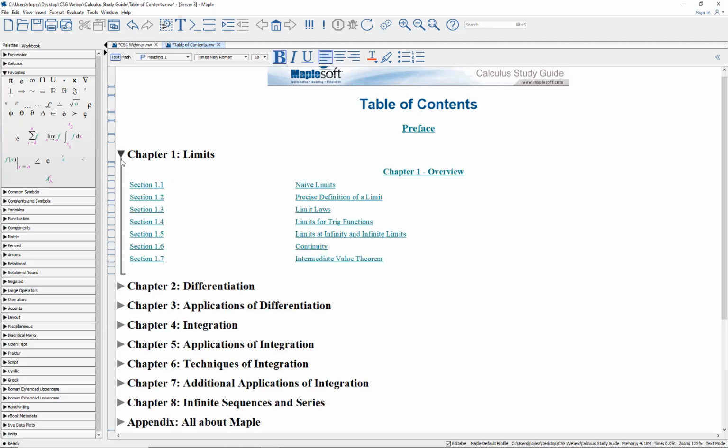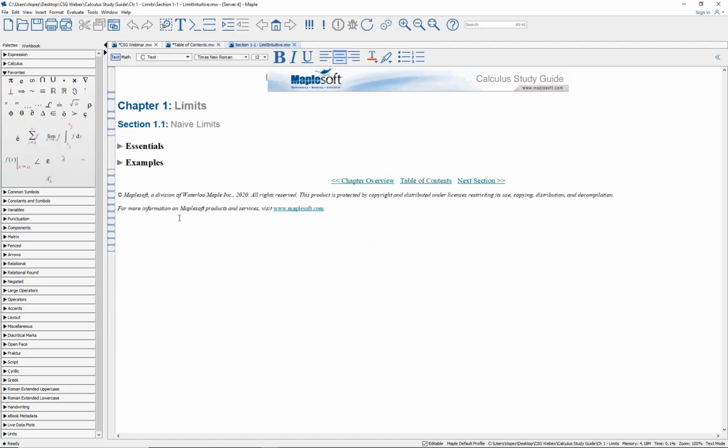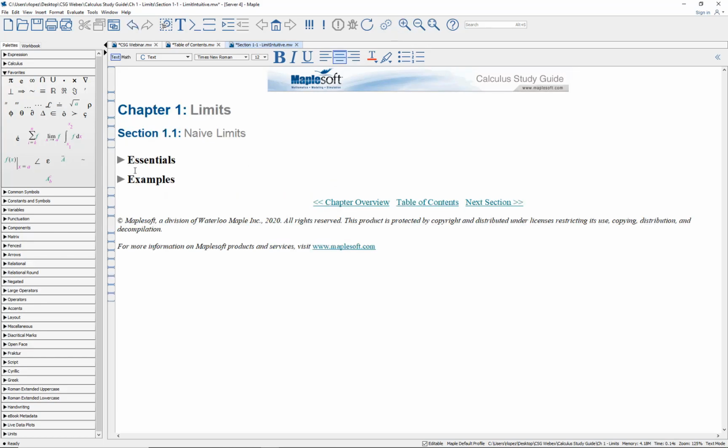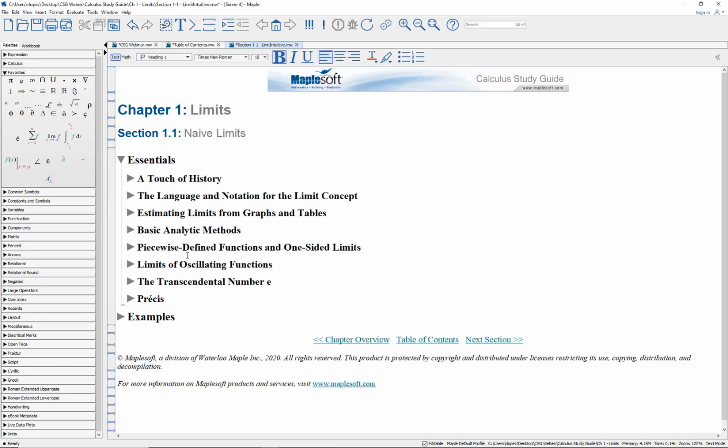So what does a chapter look like? Well, a chapter has sections. A section has a summary of what should have been learned out of the calculus book, and it's called essentials. And so here you see what was considered essential in that first unit.